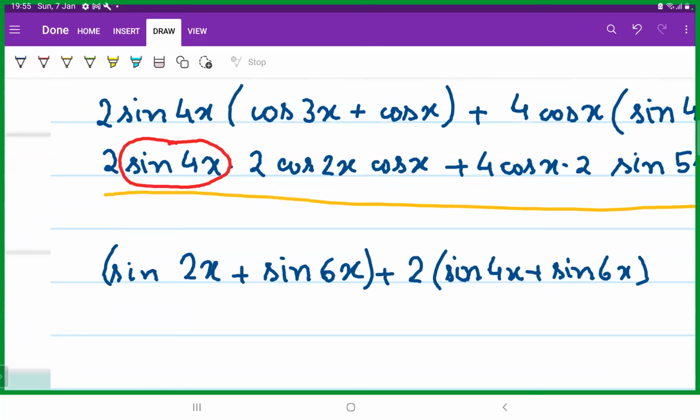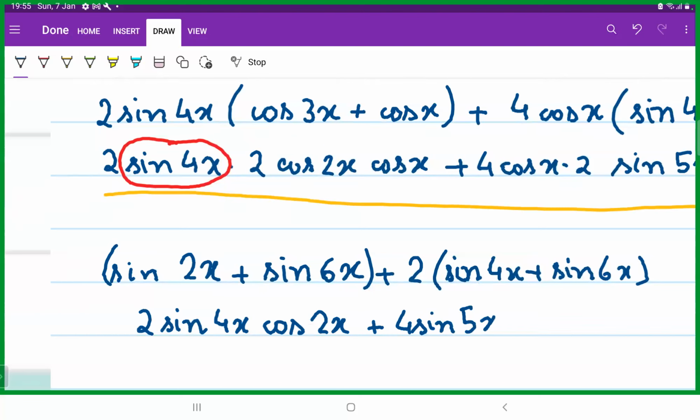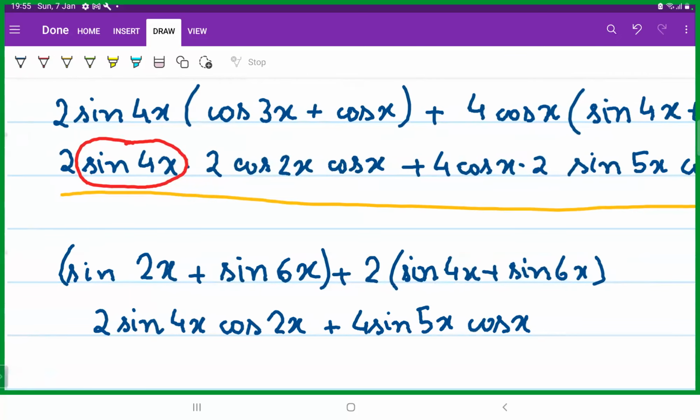Upon doing those calculations for sine x plus sine y once again, we get 2 sine 4x cos 2x plus 4 sine 5x and cos x. As you can see, several terms in the denominator are now common.